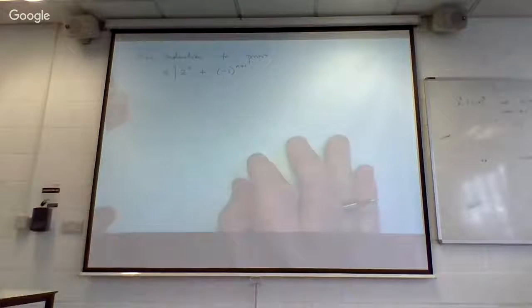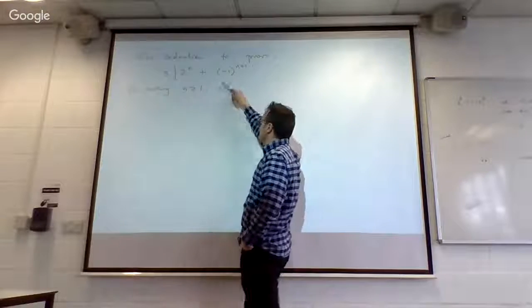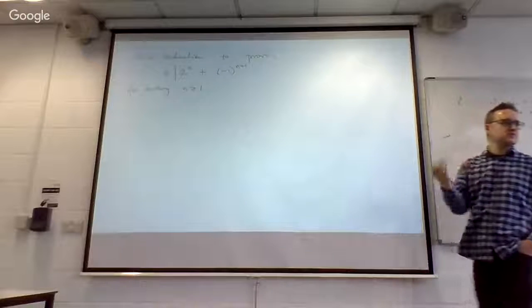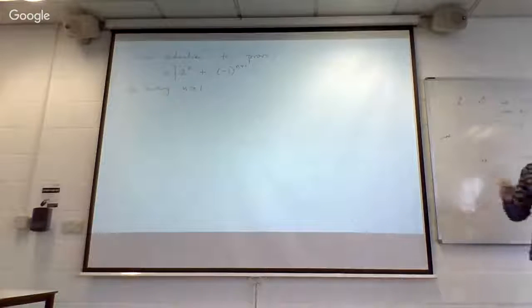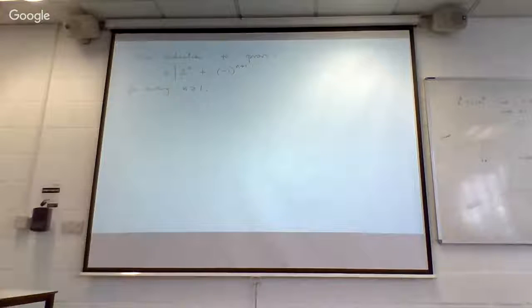We're using induction to prove here that 3 always divides 2 to the n plus minus 1 to the n plus 1, for every n bigger than or equal to 1. So this expression, 2 to the n plus this power of minus 1, is either 2 to the n plus 1 or 2 to the n minus 1, depending on whether n is odd or even. So the result is saying that either 1 bigger or 1 less than a power of 2 is always going to be a multiple of 3.